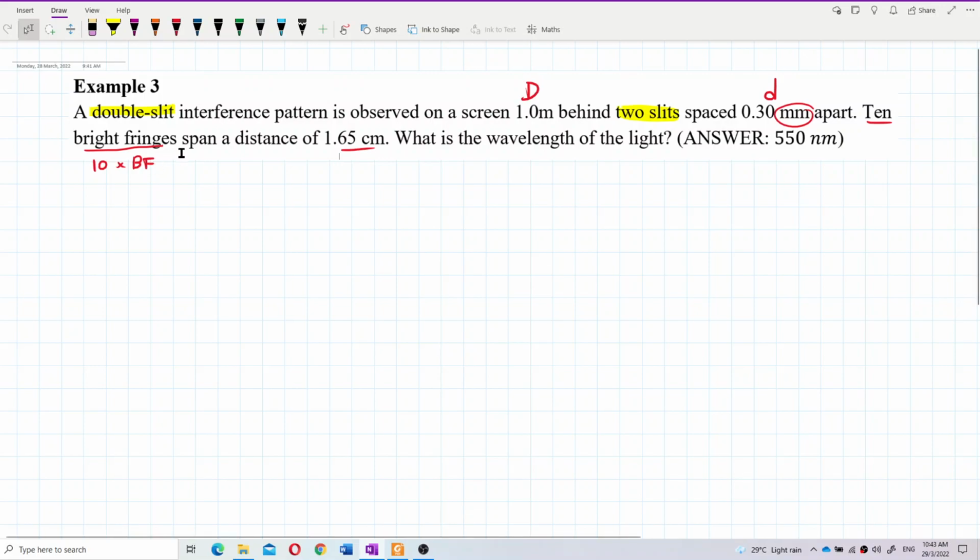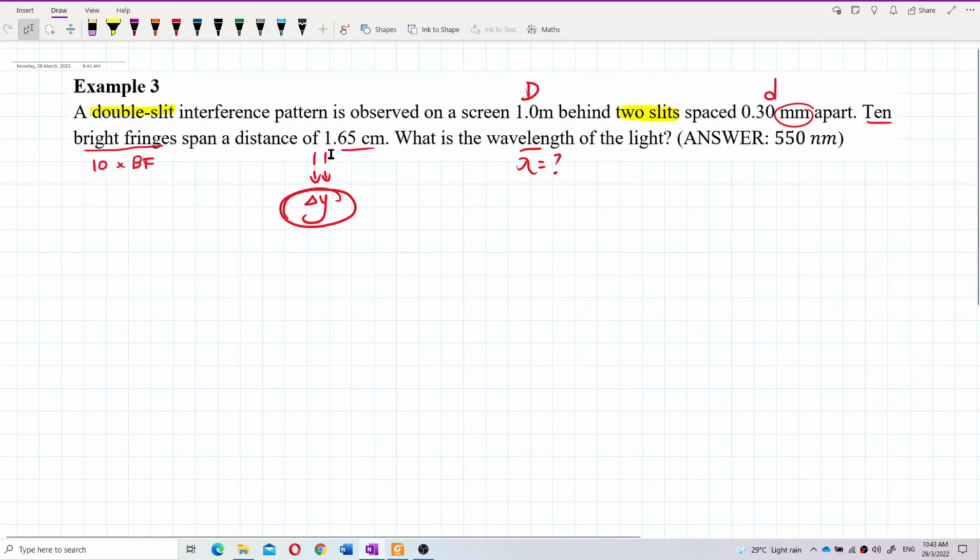Let us draw it out, and then we can see. And then what is the wavelength? Here it asks for lambda. First of all, this one is related to the delta y, but it's not delta y.